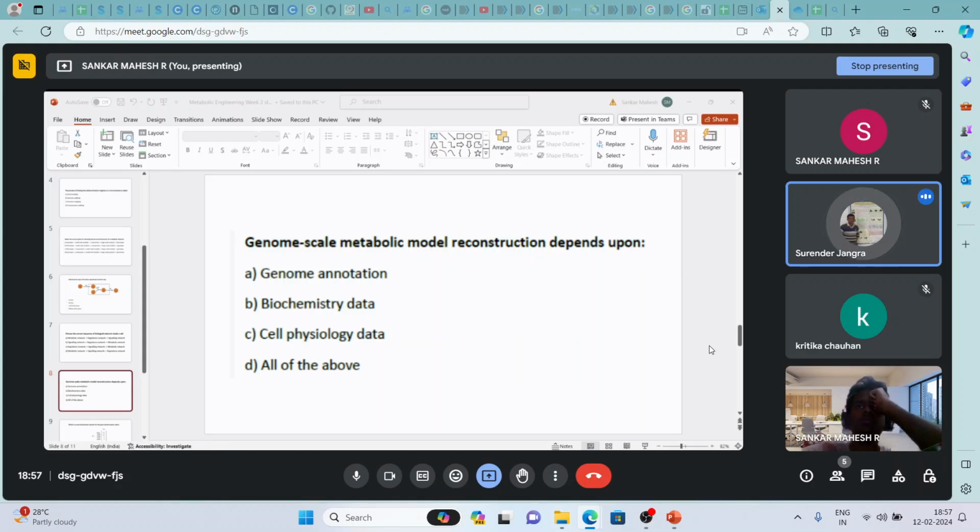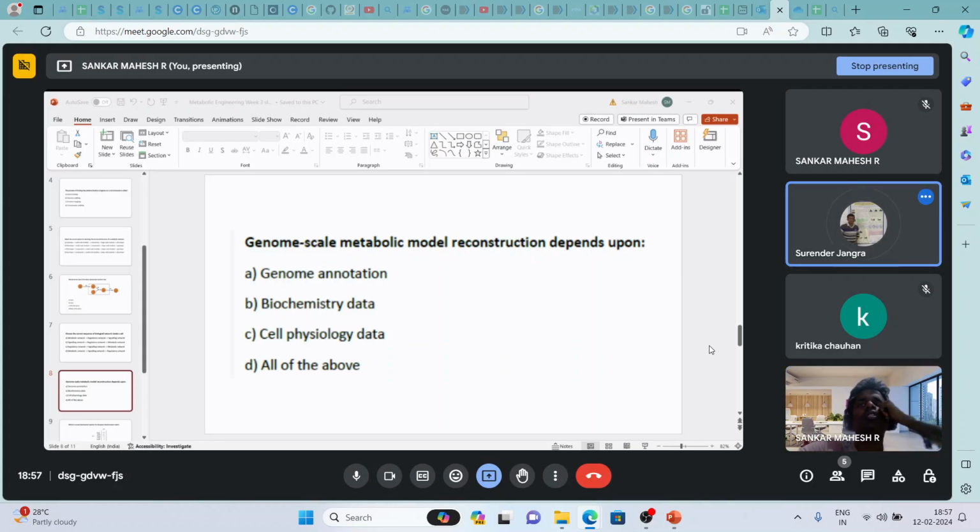And metabolic means there should be biochemistry. In physiology and biochemistry, they are the same. They're not necessarily the same, but yes, I'll explain it further. So you're saying all three are right, is it?